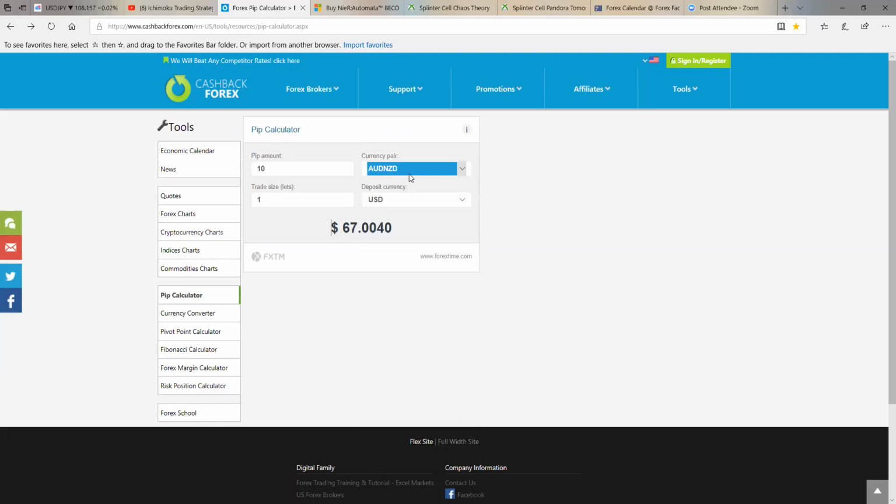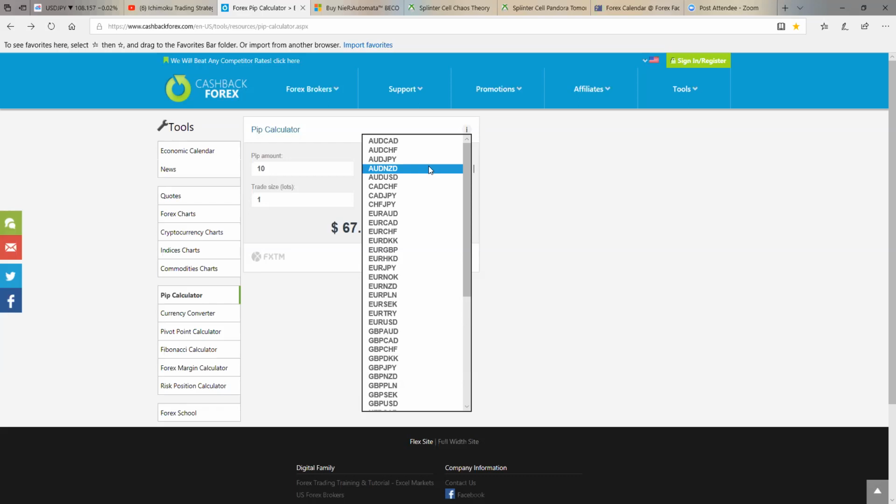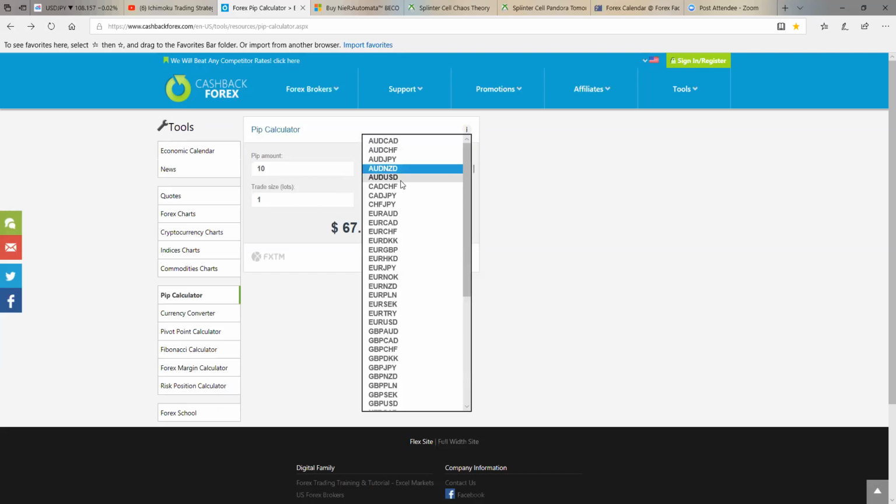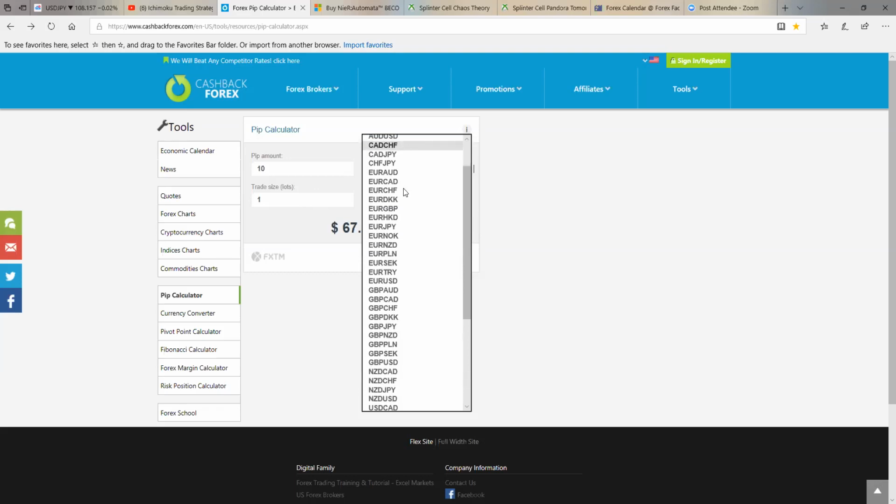Mm-hmm. Okay, but now that I know which pairs pay the most, because I go through 70% of this list, I go through to check whichever pair is going to pay me more than $800 for every 10 pips times $10. I look for 800 or more. That's what I do.